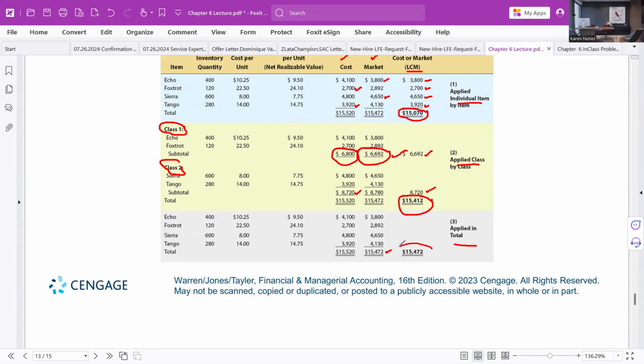So we report all the inventory at the market value of 15,472. Notice each one of these approaches gives you a different value to report your inventory at on the balance sheet. So you have to choose one and use it consistently. If you're going to apply this LCM, you're either going to do it by item, by class, or in total.